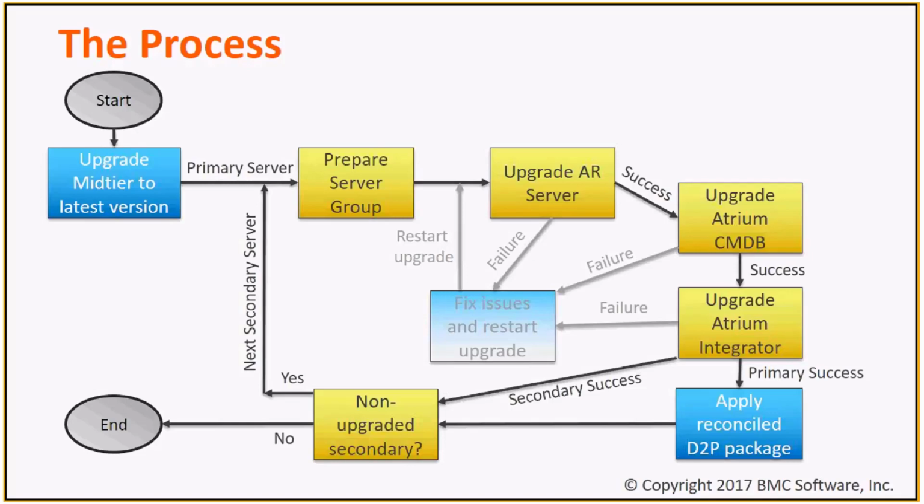After that, you use the standard Atrium Integrator server installer to upgrade AI on that box. Once all these three are successful, and we want all of them to be at the same version, then the reconciled package that you would have prepared from your dev or QA, you apply that reconciled package here so that your customizations are also automatically imported and available in your server.